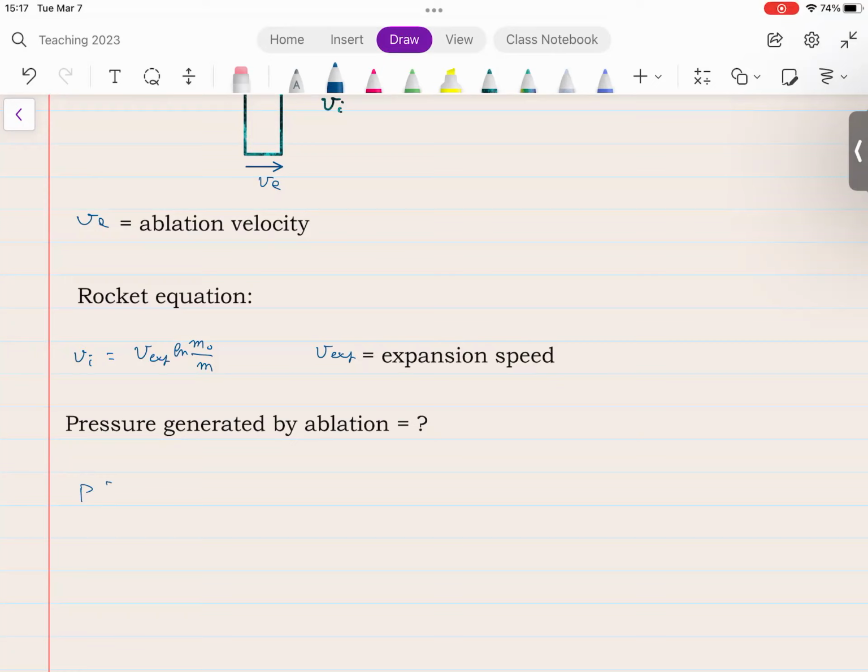P, which is going to be in megabar. Maybe I should type megabar. So I'll type it in a moment and give you the expression.